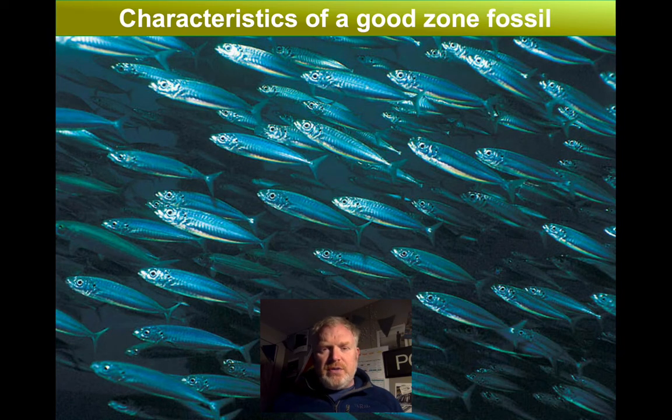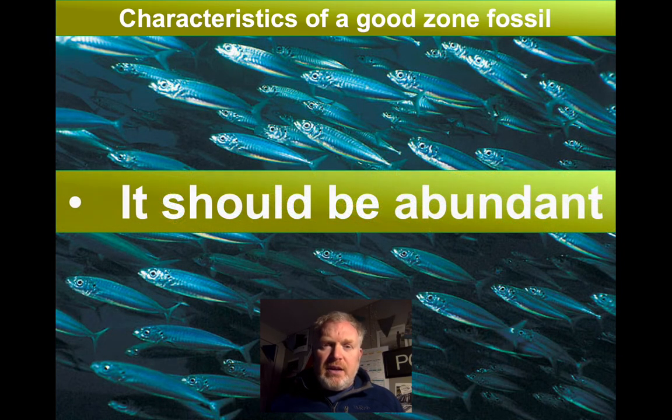Another key feature is that a zone fossil should be abundant. If we think about Tyrannosaurus rex, a very recognisable, iconic fossil, I suppose, it fulfils some of the requirements to be a good zone fossil.